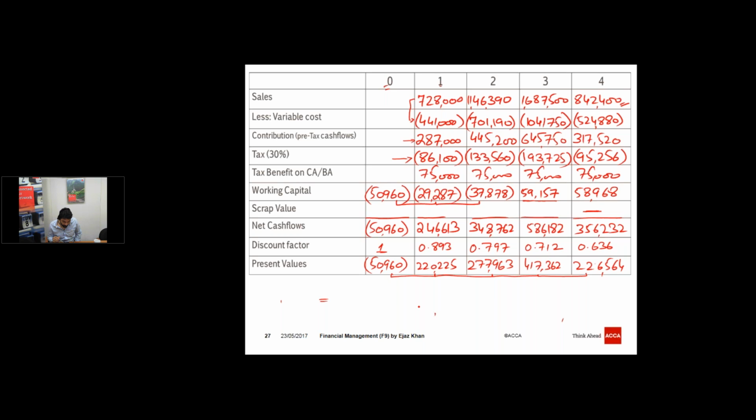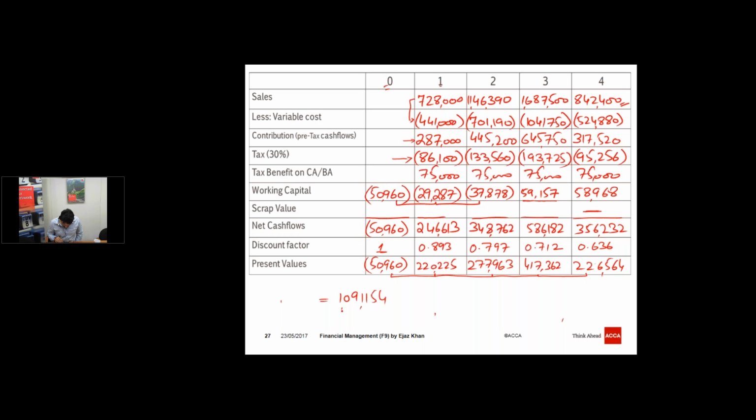Bilal, it should always be post-tax if you have incorporated tax figures in the calculation. So it should always be post-tax, after tax. Can anybody tell me the total present value of cash inflows? Total present value of inflows 1091154.